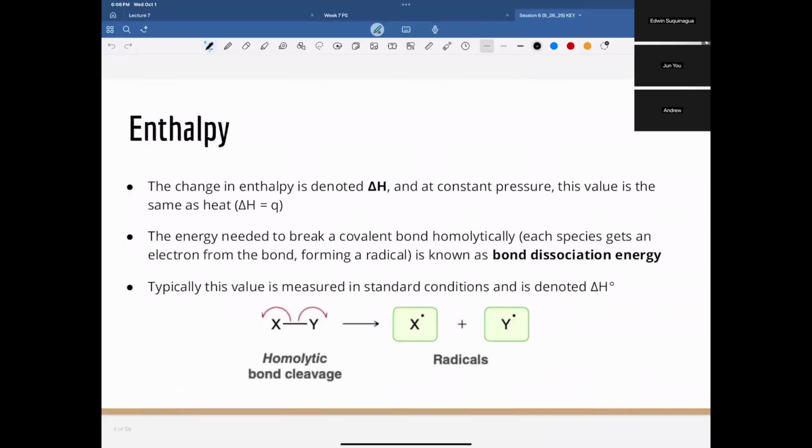First topic is about enthalpy. So enthalpy, it's denoted as delta H, and it measures the amount of heat, right? And this is very important because when we do reactions and mechanisms, reactions are basically the breakage and the formation of bonds, right? And to do that, we need energy. And this energy comes as a form of heat. So we use delta H to represent that, okay?